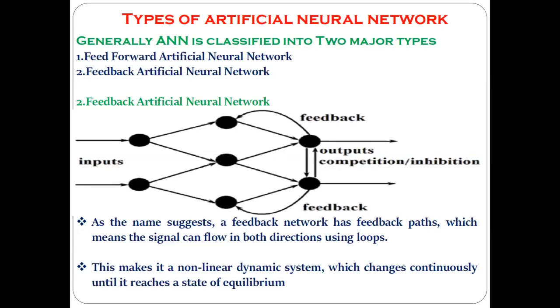In single layer, only input and output, and computation is done through the output. And in multi-layer, hidden layers are present. So the computation is done in the hidden layer and the output layer.